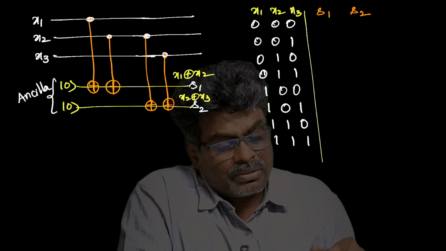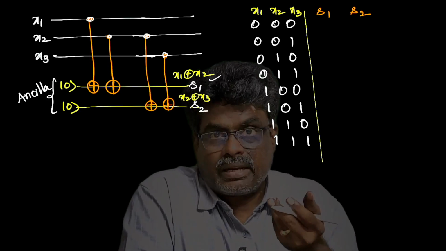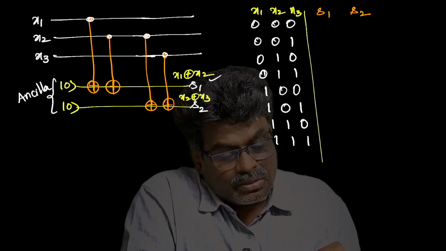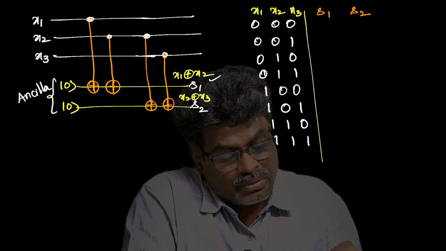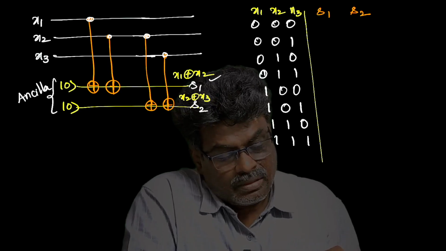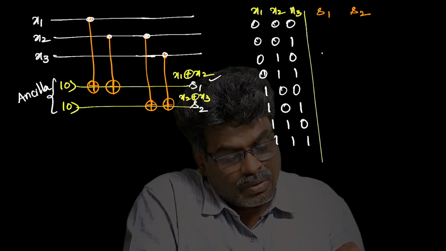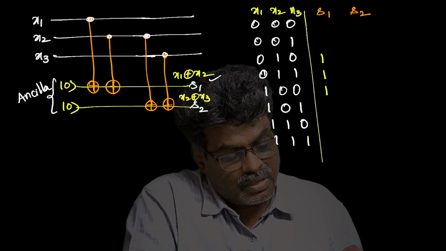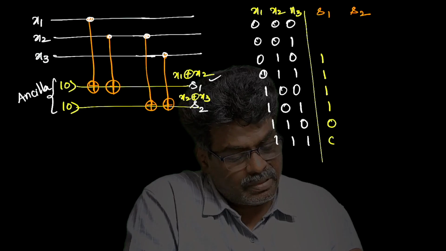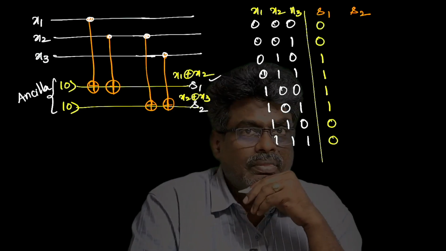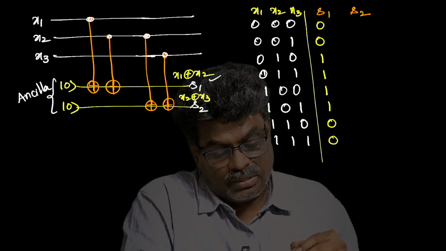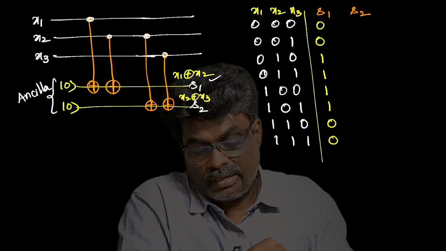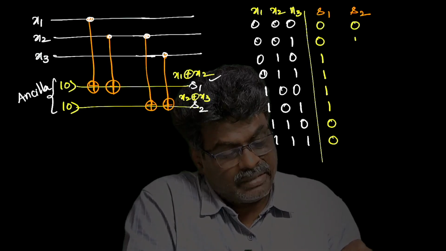For example, S1 is X1 XOR X2, so you have to observe X1 and X2, and for S2 you have to see X2 and X3. Here X1 and X2 are the same, that's why 0 here. Here it is 1, and here also 1. But here same, and here also same. And if you come to S2, you have to see X2 and X3. Here also same, but here different. See this one.